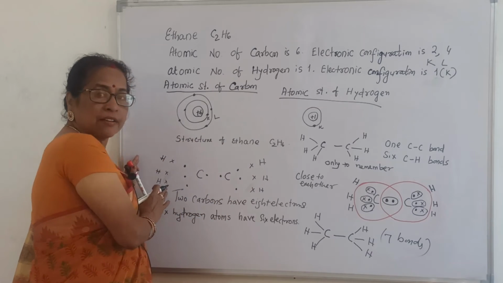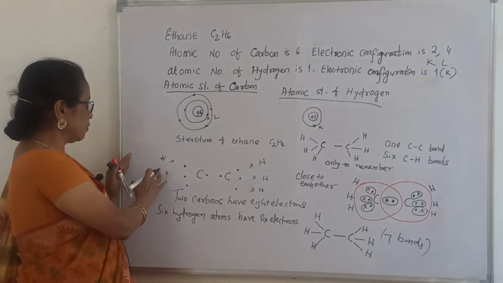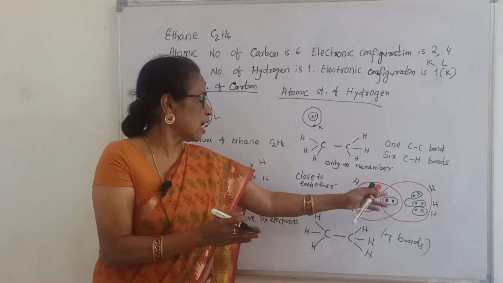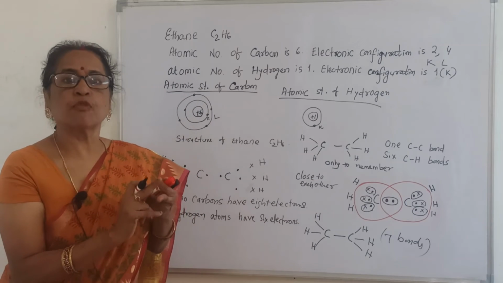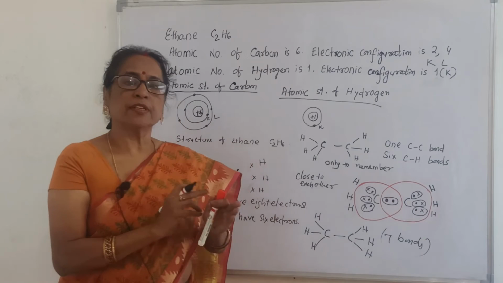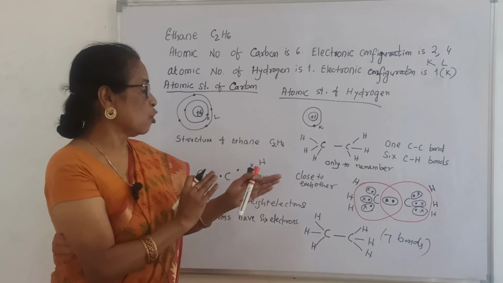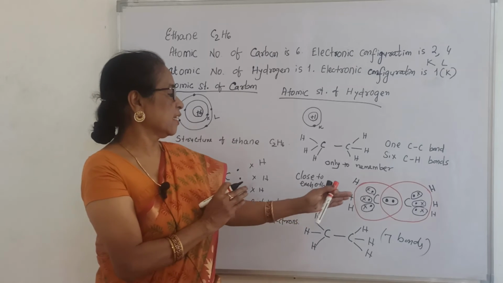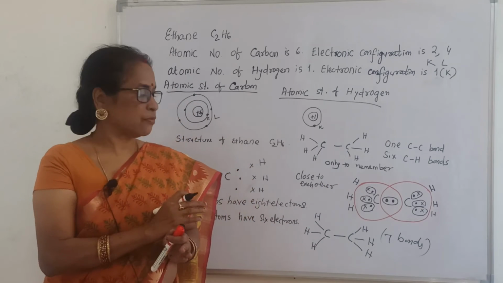And on the left side also 3 hydrogens represent their electrons, but when they come close to each other, this carbon forms one covalent bond between C and C, and on the right side there are 3 covalent bonds, that is 3 pairs, and 3 C-H bonds are formed.